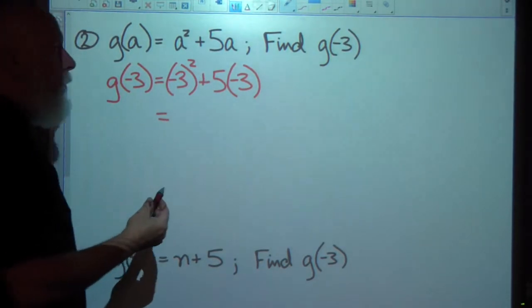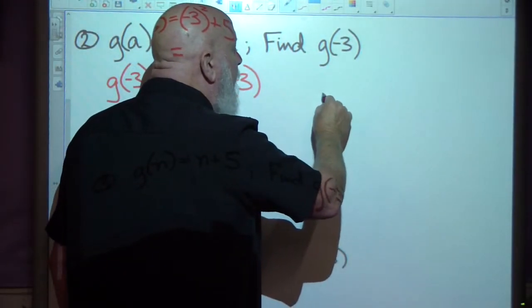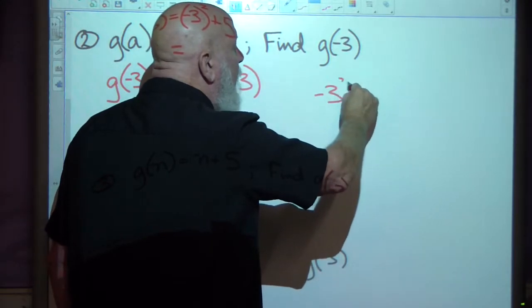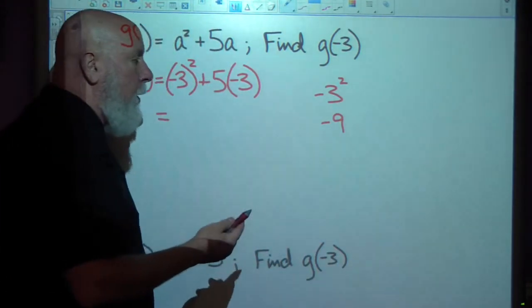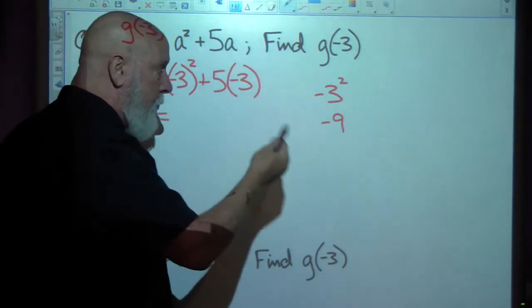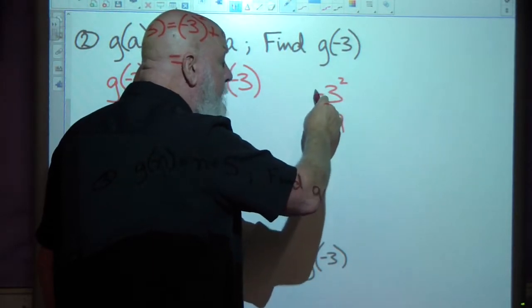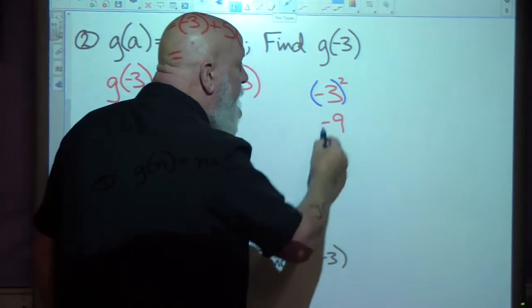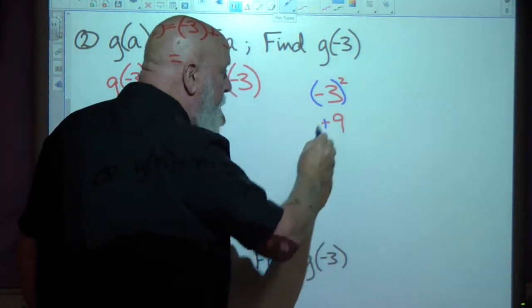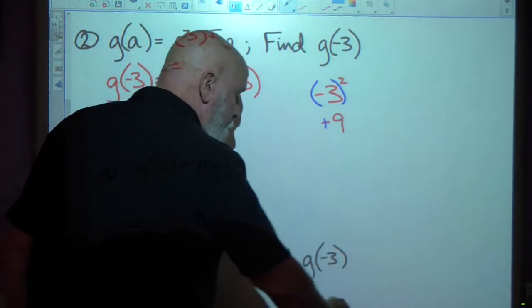If you do this with a calculator, if you enter negative 3 and then square it, your calculator will tell you negative 9. It'll follow the order of operations mindlessly. So if you're going to use a calculator and square a negative number, make sure that you put parentheses around it, and that way you'll get the positive 9. Negative 3 times negative 3 is positive 9, which we all know.